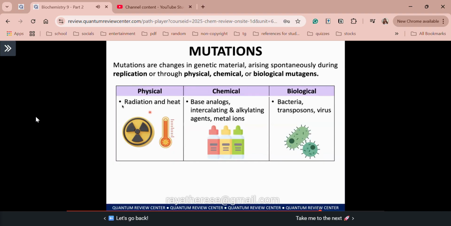So of course, the benefits outweigh the risk of mutation. For heat, of course, it causes the purination of the structure of our DNA that will lead to thymine dimers or the formation of your reactive oxygen species that will lead to damage on the structure of your DNA.